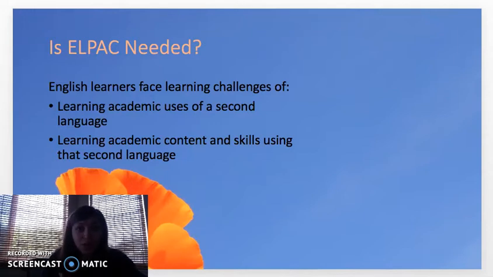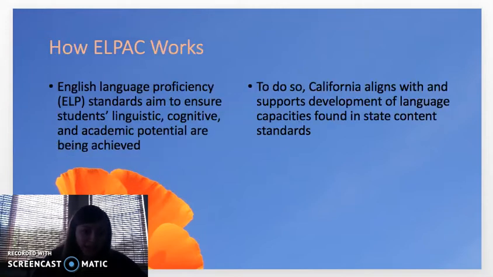You need to know English to be able to work, to be able to get a job, to be able to go to school. What else is there? Navigate socially or even physically. You need to know English. And so it focuses on English as a second language and making sure that students are learning academic content, the skills that they need in that second language.